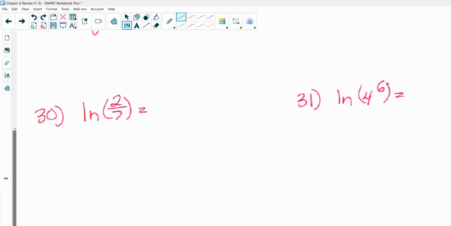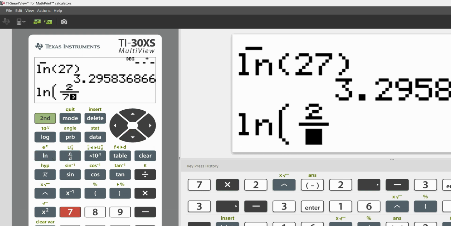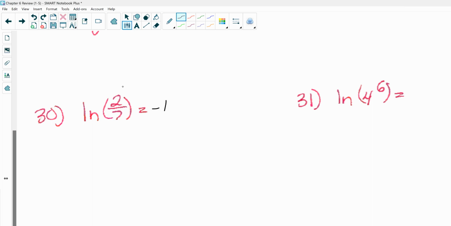Number 30. ln of 2 over 7 is negative 1.253. We good with all this here?